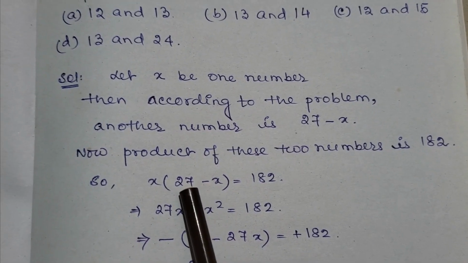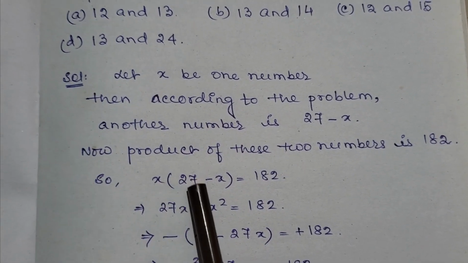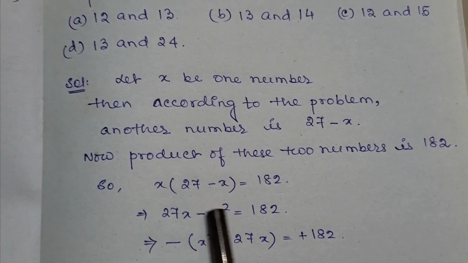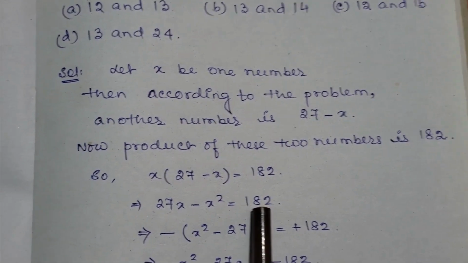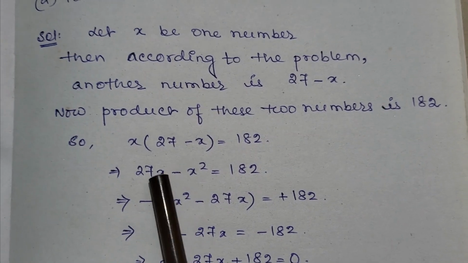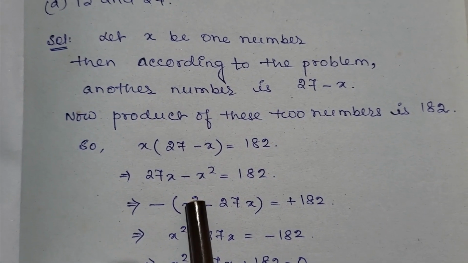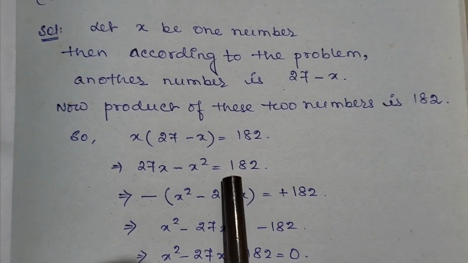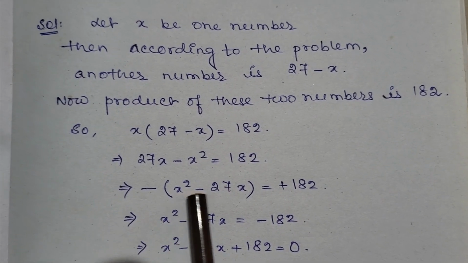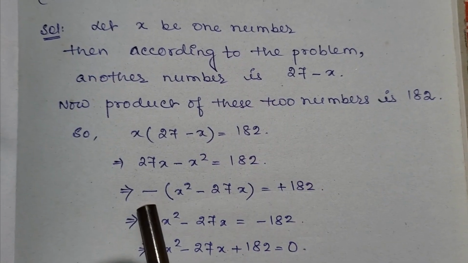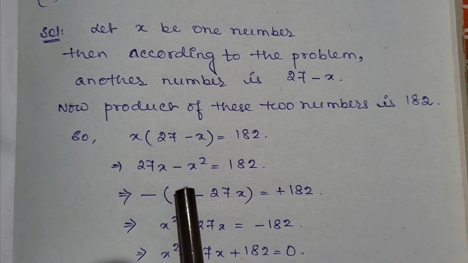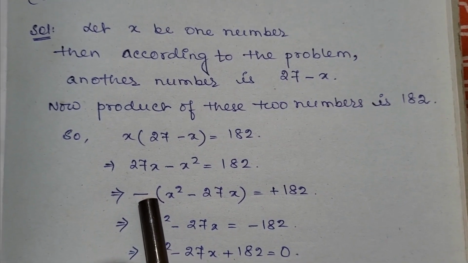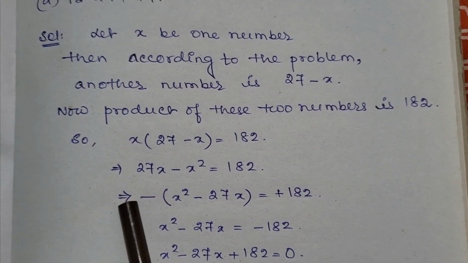Now, multiplying these two terms, we have x into 27, so 27x minus x into x, an x square, is equal to 182. Now taking minus common from these two terms, we have minus of x square minus 27x, and a positive sign as given. Now we are multiplying this whole equation with a minus, so minus and minus becomes a plus.